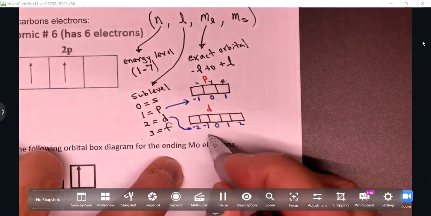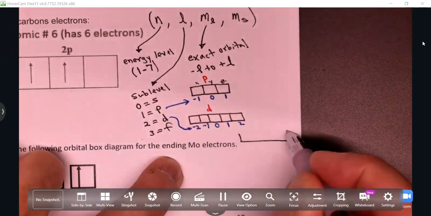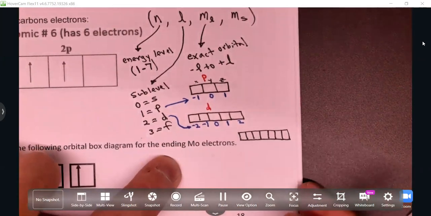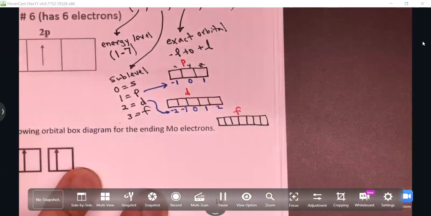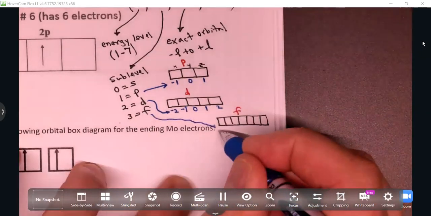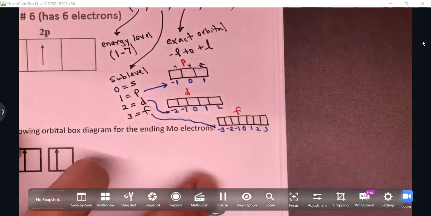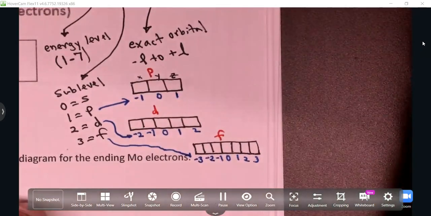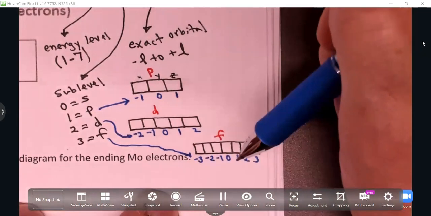And if we were in an f, there are 7 orbitals. It would go -3, -2, -1, 0, 1, 2, 3. So this third number would tell you exactly which orbital it is in, right?